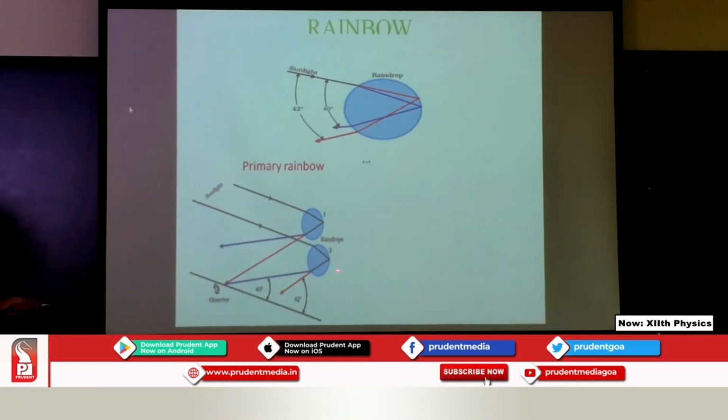From the second drop, the same procedure is happening. So here we have the splitting of the colors and the observer sees the red on top and the violet below. When he sees this pattern, it's the primary rainbow which has been formed.